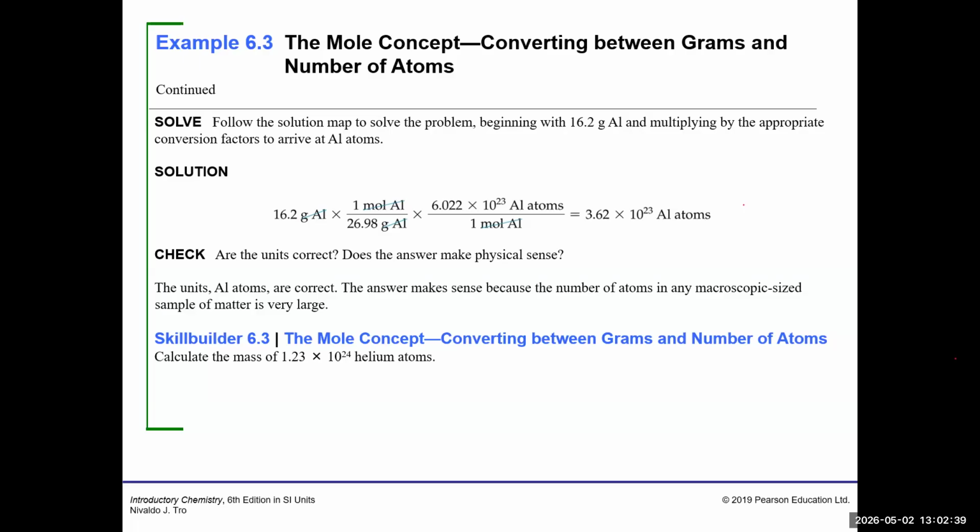Calculate the mass of 1.23 times 10 to the power 24 helium atoms. The mass of it. Now they've given us atoms here, so let's see how much mass we are going to get. All right.